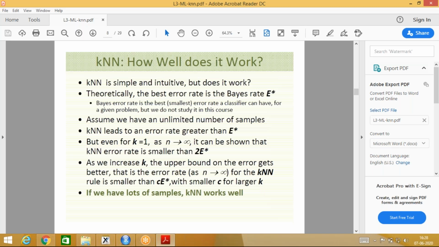This part I will not go into the details. This is a very technical part where it is saying that it converges to the best possible result when the sample size is pretty big. So big sample size is something that we like.